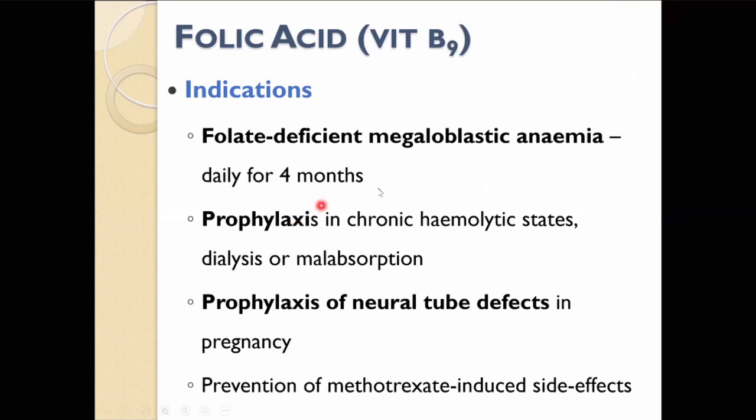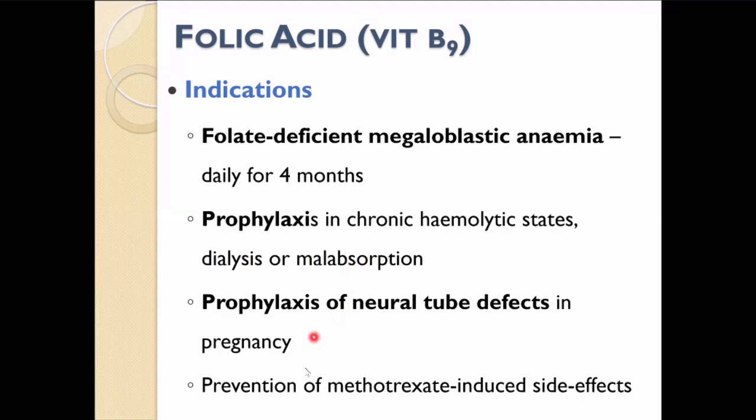Coming on to folic acid, there are different indications for it. You can give it for the treatment of folate-deficient megaloblastic anemia. In that case, you will need to treat for about 4 months. But it's also given for prophylaxis of folate-deficient anemia in chronic hemolytic states, in patients who are on dialysis, or for malabsorption.